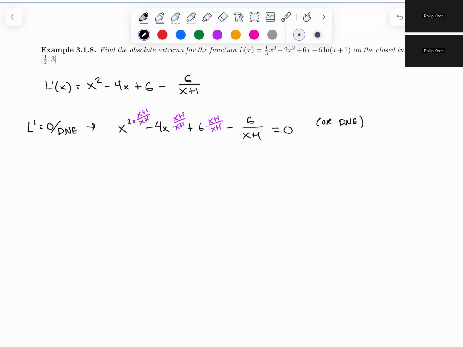So we get x cubed plus x squared minus 4x squared minus 4x plus 6x plus 6 minus 6, all divided by x plus 1 is equal to 0. Once again, the reason why I'm not multiplying both sides by x plus 1 is that multiplying by a variable does make you lose information.